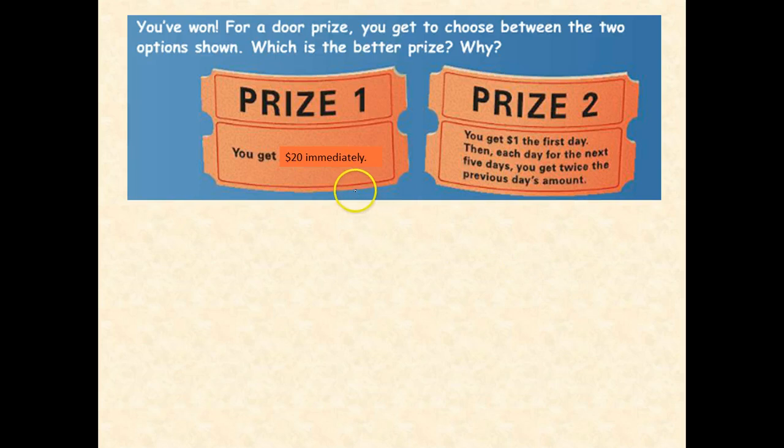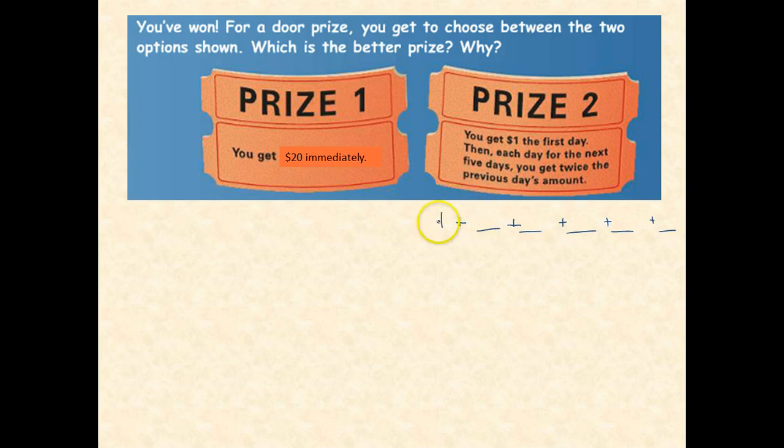So, which prize ends up being better? $20 now, or $1 the first day, then each day you get double the previous day. So, here you get $1 on the first day, plus there's going to be for the next 5 days. So 1, 2, 3, 4, 5. Each day it doubles.